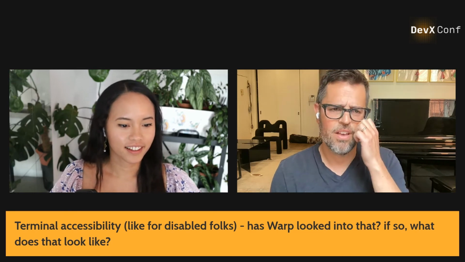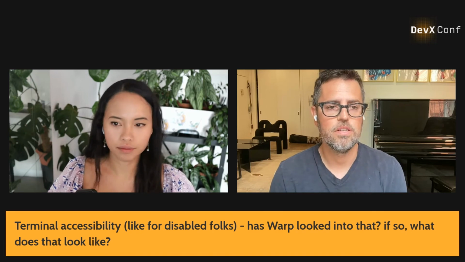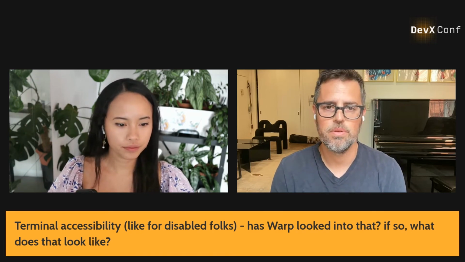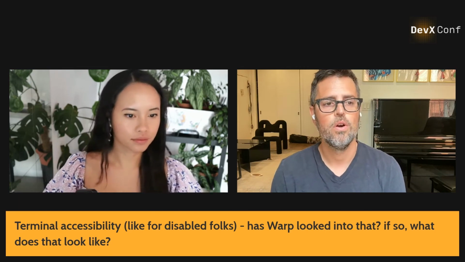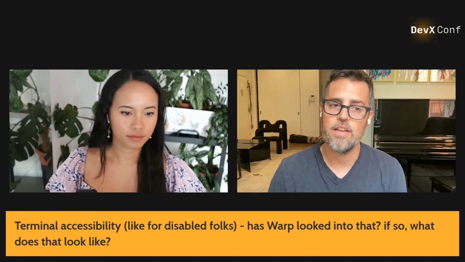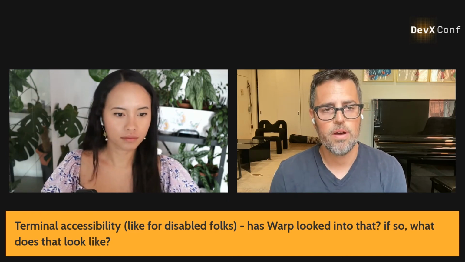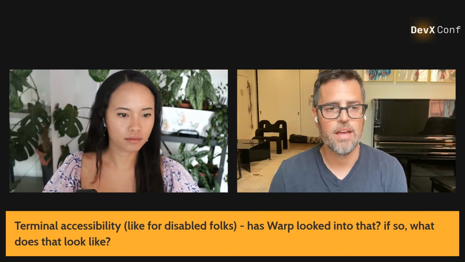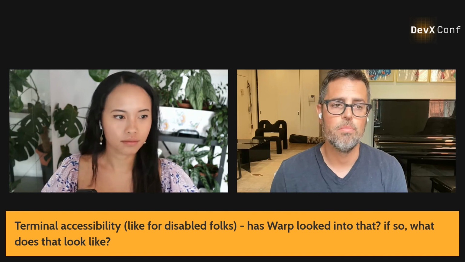Yeah, great question. We've actually put a decent amount of effort into this. There's an engineer on our team, Agata, who has been working on accessibility for visually impaired folks who use Warp. I think the state of terminal accessibility in general is very, very bad. And so today I think we could say that Warp is the most accessible because we have some more structure.